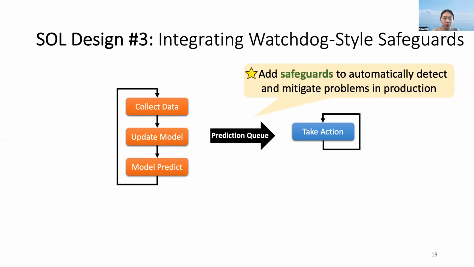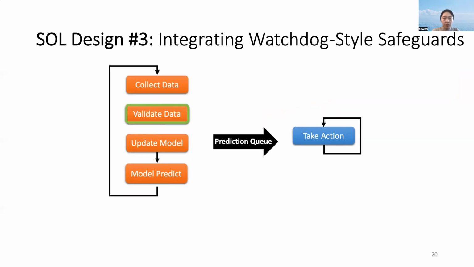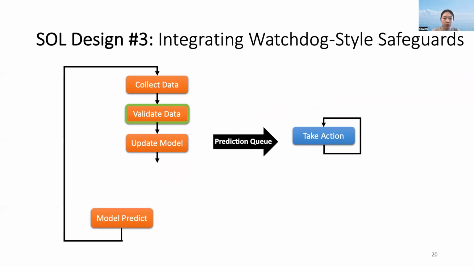Lastly, SOL integrates Watchdog-Style safeguards to automatically detect and mitigate problems when agents are deployed in production. The first safeguard added is the data validation safeguard. Now data collected will be validated first, and only valid data will be passed into the model. Next, a model safeguard is added to assess model accuracy.